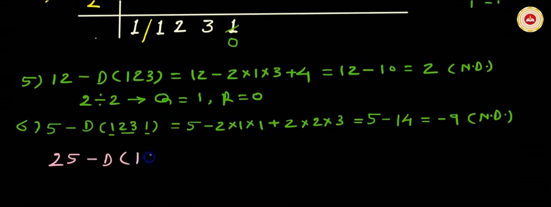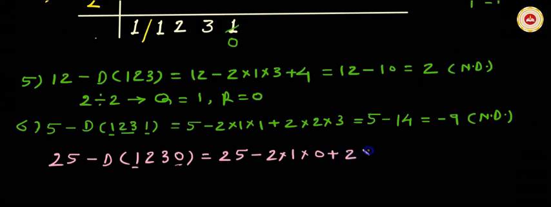So duplex of 1, 2, 3 and 0, which gives us 25 minus 2 times the product of end digits plus 2 times the product of middle 2 digits, which gives us, this term is 0, 2 2s are 4, 4 3s are 12. That means 25 minus 12 is 13. Yes, now it is positive. This is our net dividend.